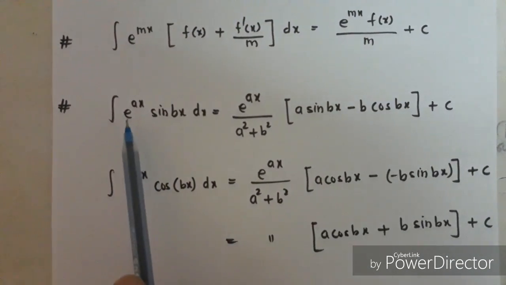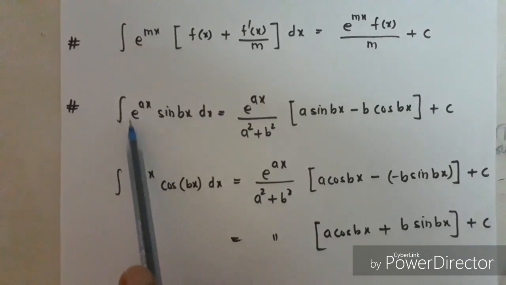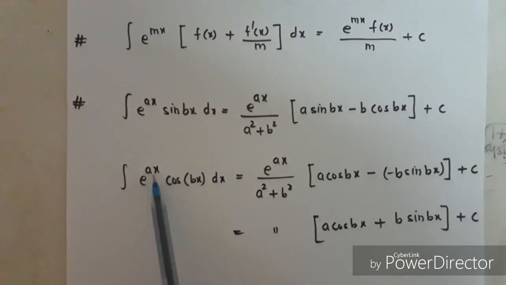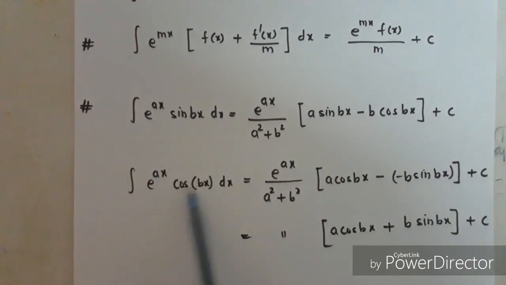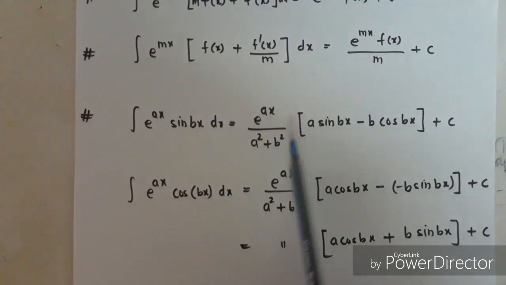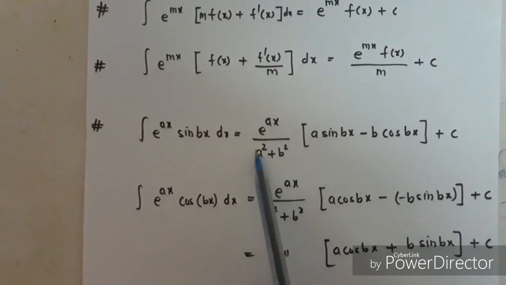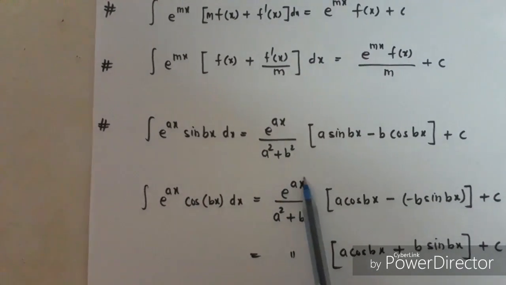These two are very interesting. Integral e raised to ax sin bx dx and integral e raised to ax into cos bx dx, both of them are quite similar. The outside term e raised to ax divided by a square plus b square is the same for both.